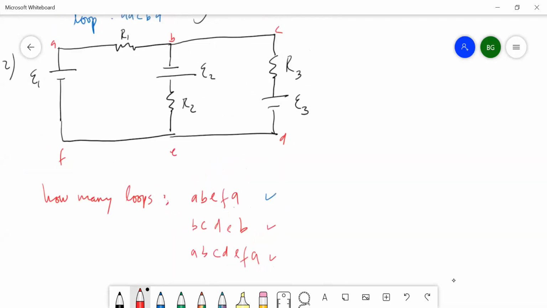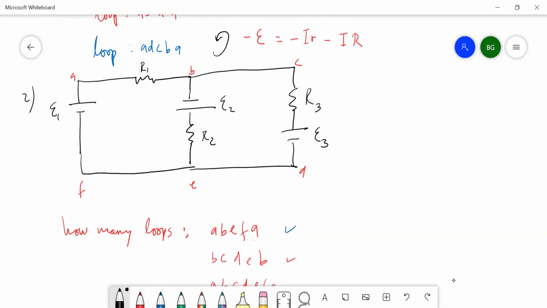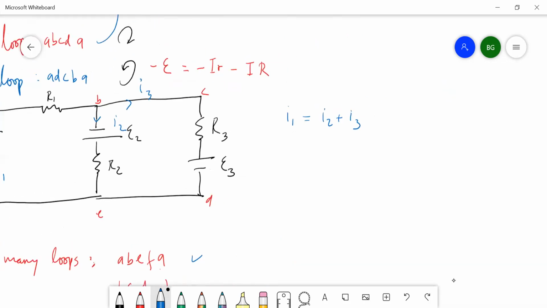How about this one? We can make an assumption. Suppose that we have this I1, I2, and I3. From the direction of the currents, we have I1 equals I2 plus I3. This is the first Kirchhoff law.